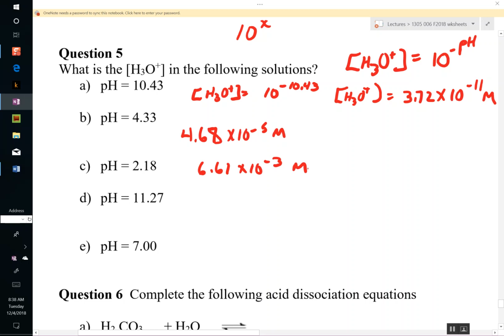It just means 1 times. So when you just have an E, that just means 10. So it'll be 1 times 10 to the negative 7. Alright, so go back and do your problem.